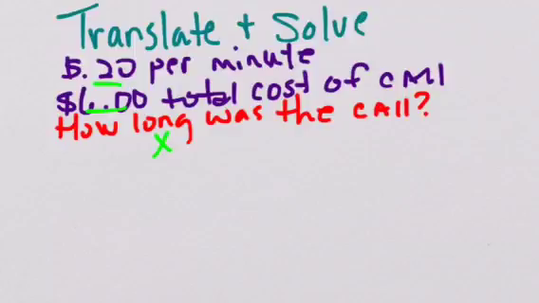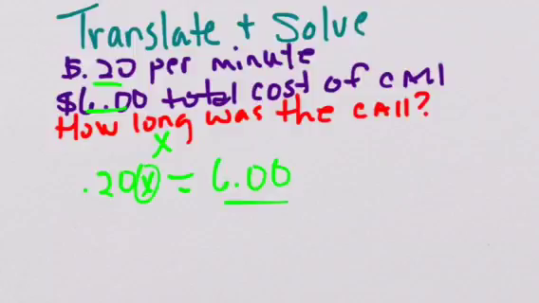Okay? And we know the rate per minute is 0.20, 20 cents. And so we're going to put the x right there, and that equals the long distance call cost. Okay? So we don't know how long the call was, but we do know this.